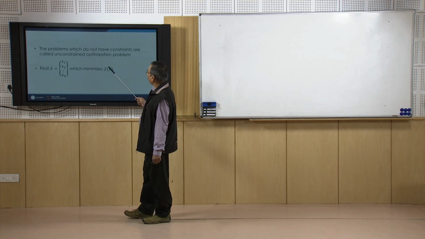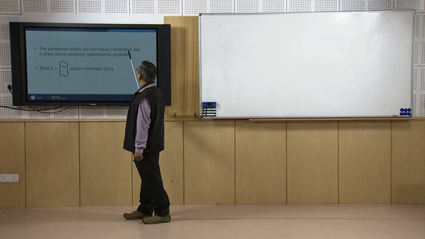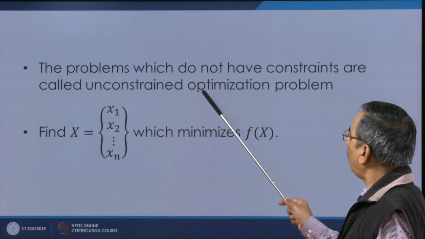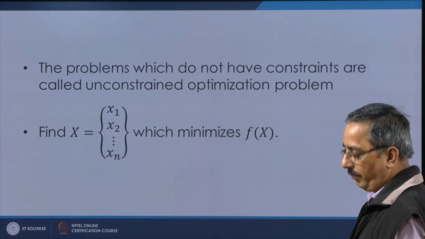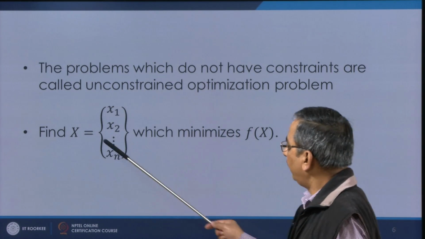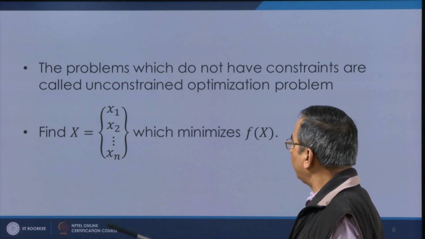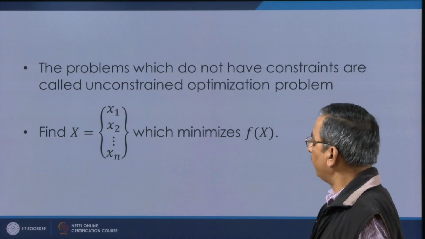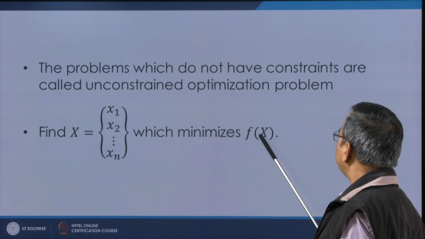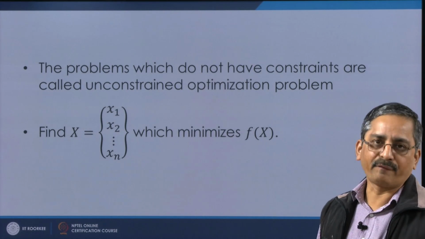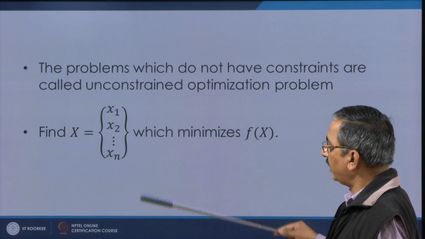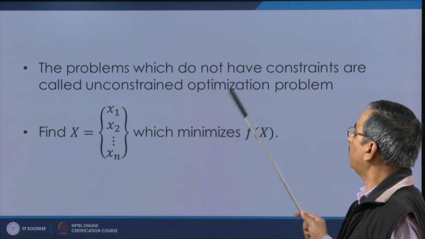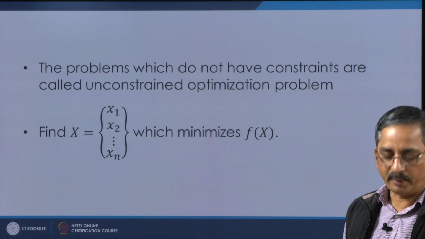Now, there could be problems which do not have constraints, and these are called unconstrained optimization problems. It could look like this: find x, say x1 to xn, our design variables, which minimizes the objective function f(x). And here there are no constraints. So, we call it the unconstrained optimization problem.